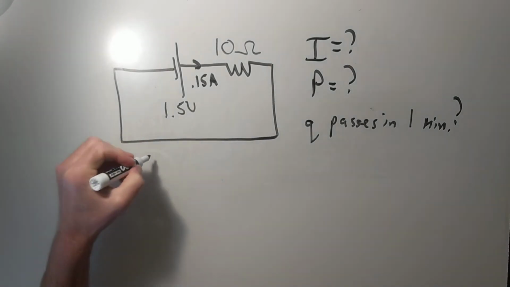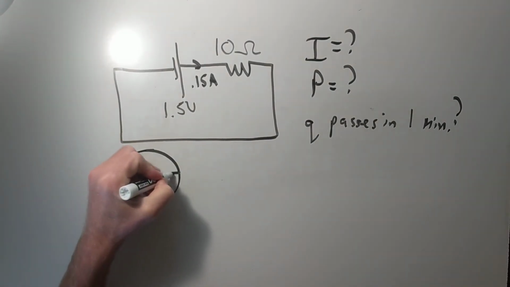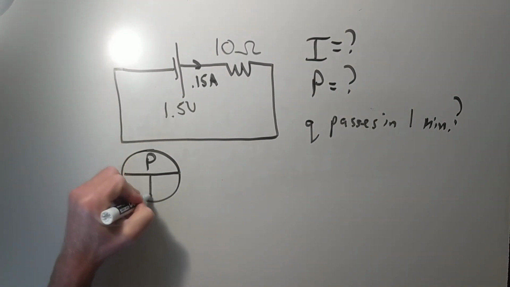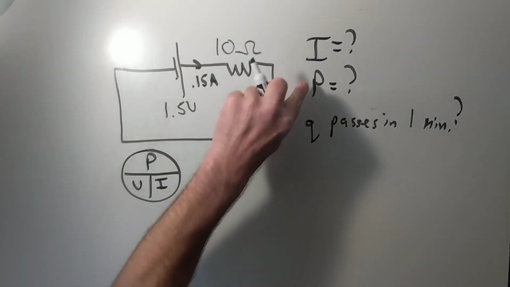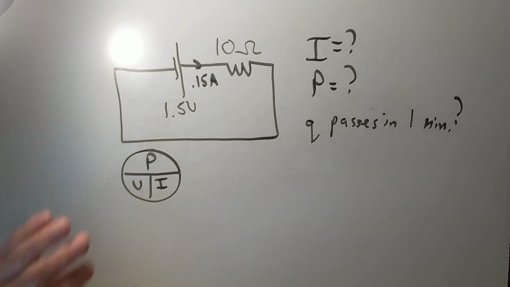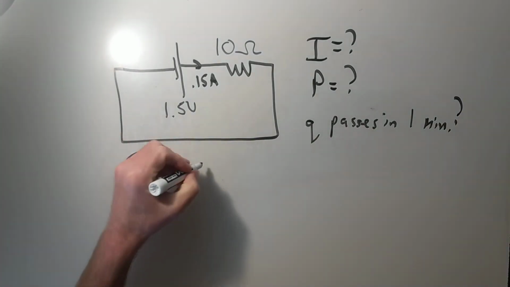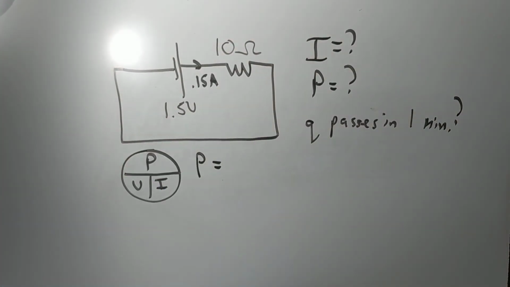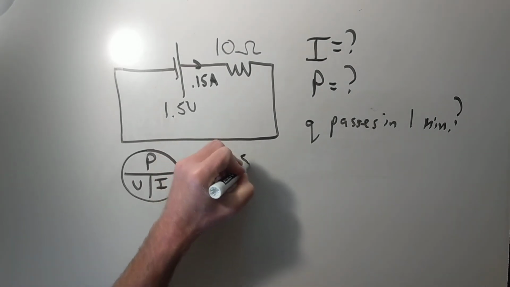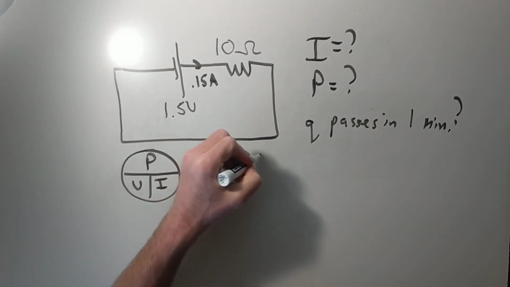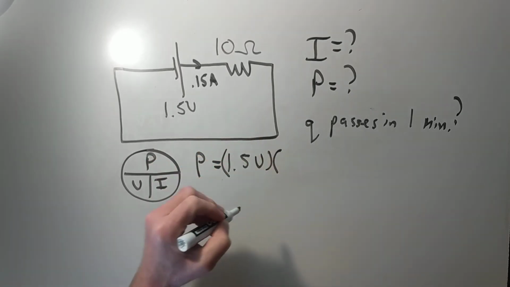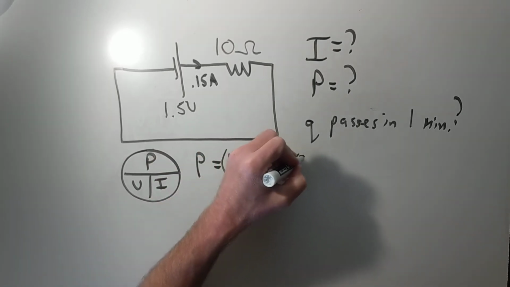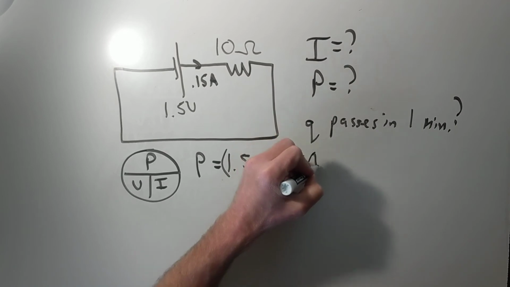The power, we can go back and use the other side of the coin. Power is voltage times current. I want to find the power. I can cover that up and find that pretty nicely, but power is voltage times current. So the voltage is 1.5 volts multiplied by 0.15 amps.